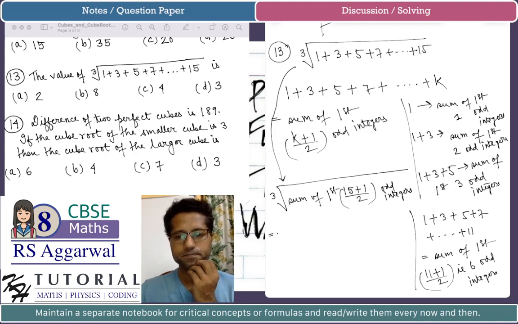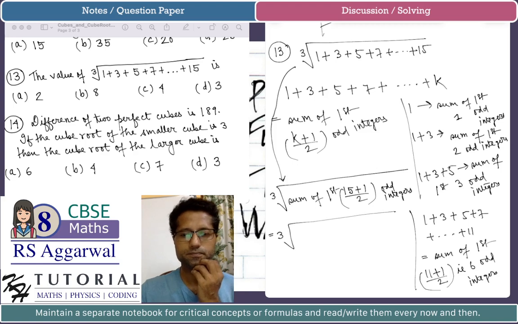That is, it is the sum of the first 8 odd integers.